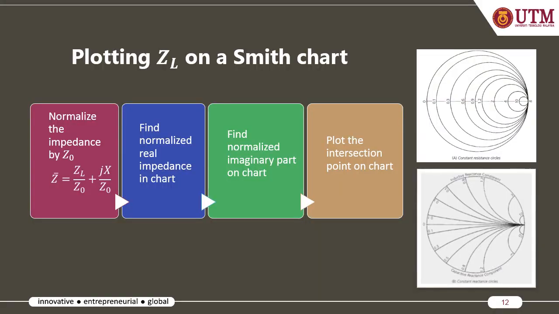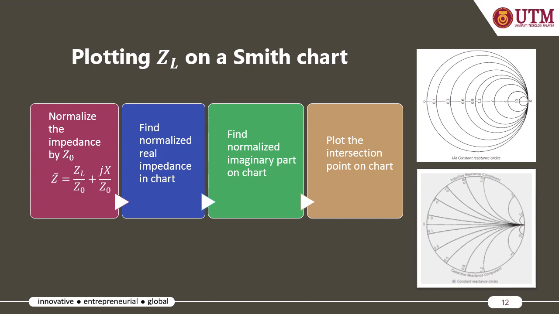Now let's look at the simplest part, plotting on a Smith chart. First, plotting the ZL, the load impedance, on a Smith chart. The first step is to normalize the impedance value by Z0, the characteristic impedance.